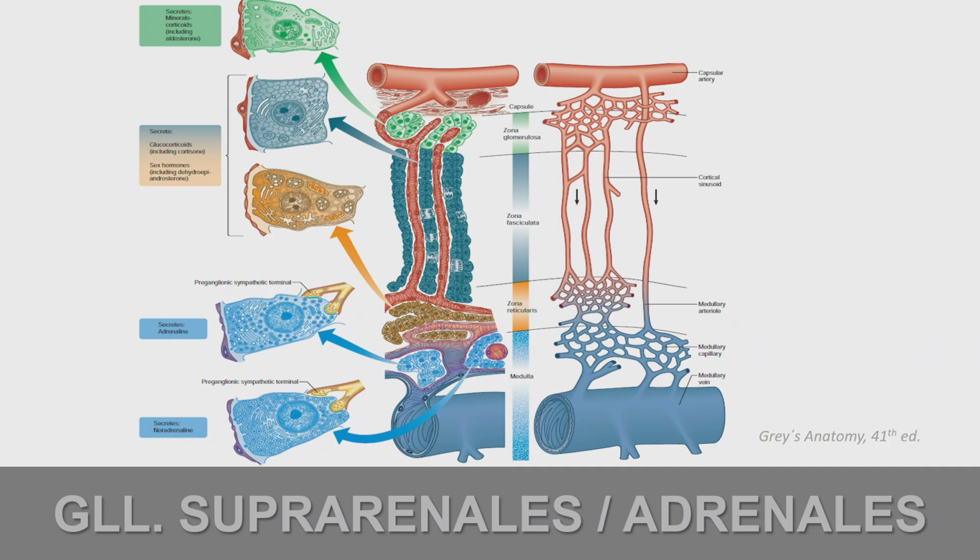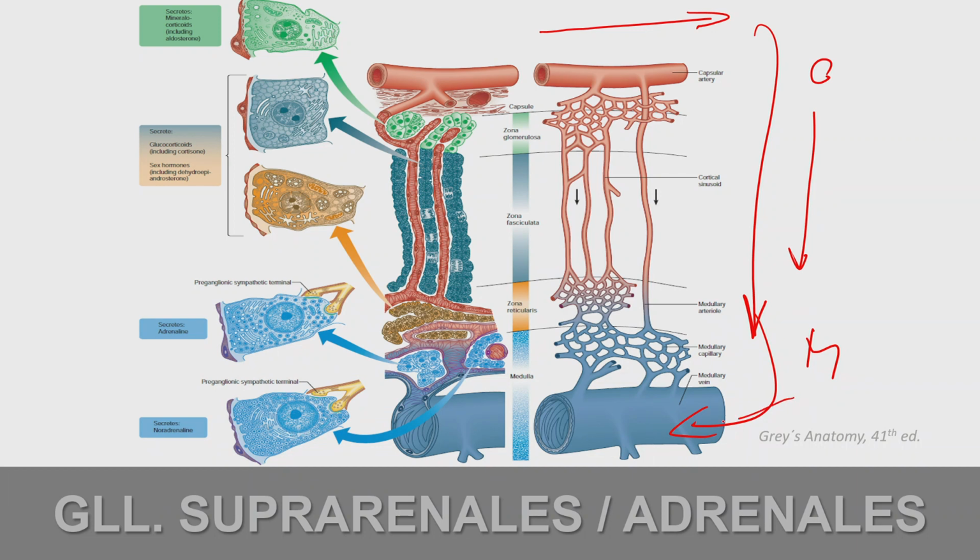And endocrine is cortex. The arterial system is supplying the surface of an adrenal gland, and then the blood is going through the several layers, zones, and then going to medulla, from cortex to medulla, and then blood is going to the vein, which is centrally localized.